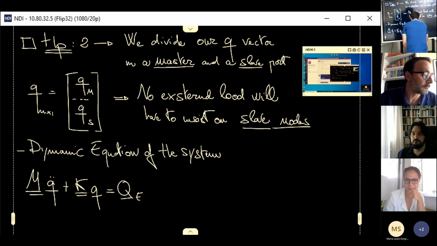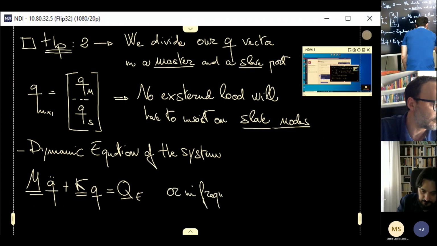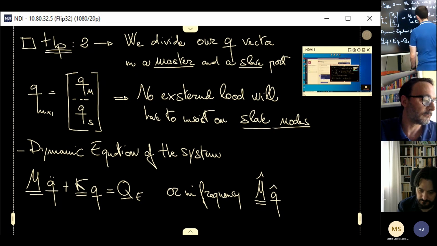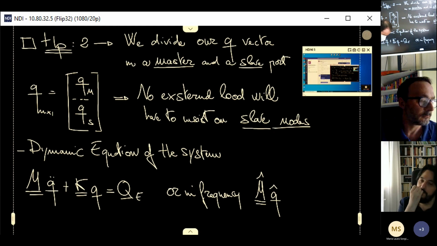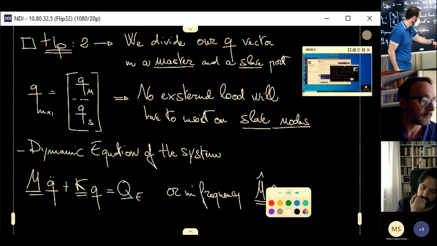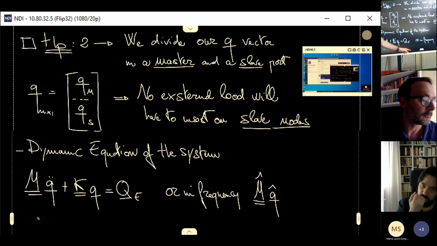Or in frequency. M hat, Q hat. When we do the Fourier transform of a doubly derivative of time, what is it that we miss here?